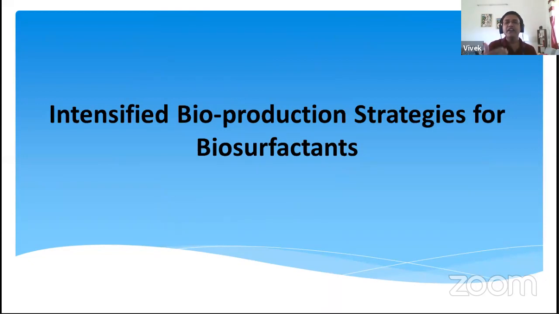Okay, so now I will share some of the work that we attempted in our lab. These are the intensification processes that aim to give cheaper products and sustain the production of these products, which we are aiming to use for different applications.